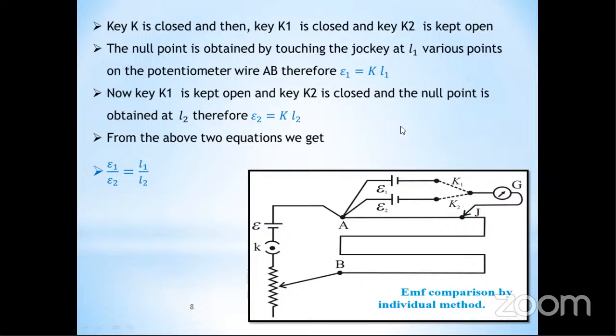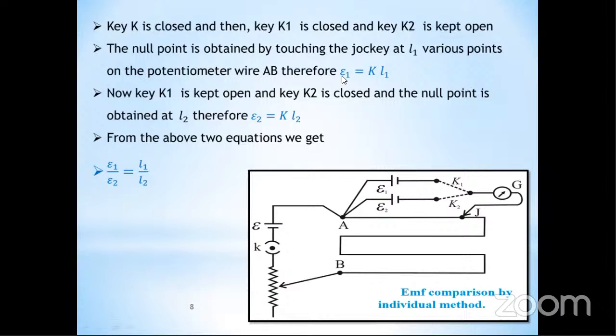Then you have to take the jockey in your hand and put this jockey on different points of this potentiometer wire, and find out the point at which the jockey shows the null deflection, and measure the corresponding length on this AB at which this galvanometer shows the null deflection, zero deflection.